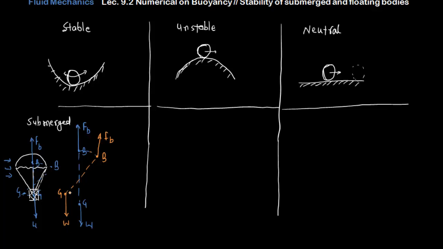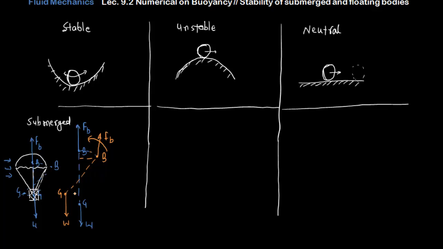After the initial disturbance, you can see this buoyant force has some distance from the initial line of action. So this force FB times this distance will create a counterclockwise moment here.